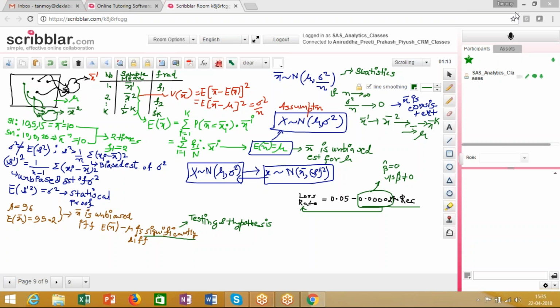Okay. Compared to the population mean. Okay. No, basically what we need to test is whether that difference is an observed difference or a significant difference, right?